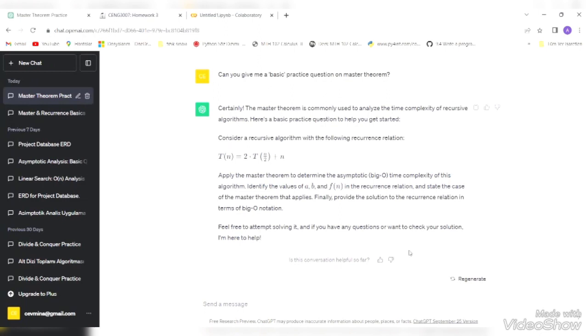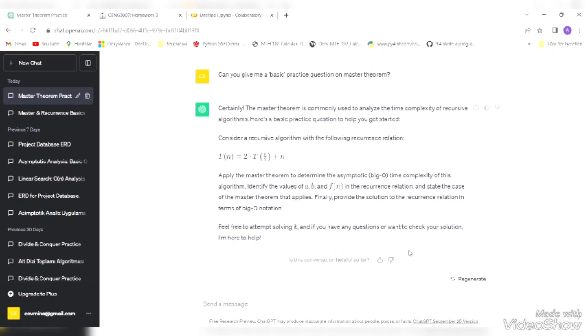ChatGPT said, consider a recursive algorithm with the following recurrence relation. We are diving into the master theorem, a powerful tool for analyzing the time complexity of recursive algorithms. Let's work through a basic practice question to get a hands-on understanding.